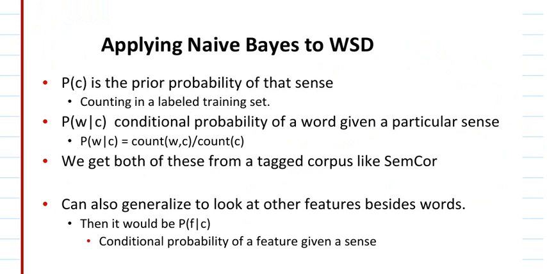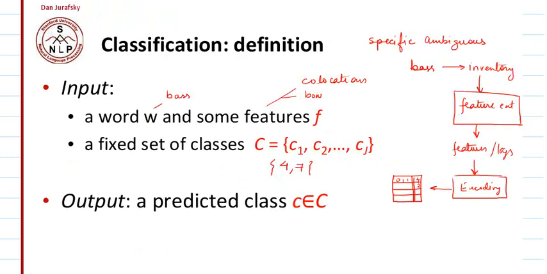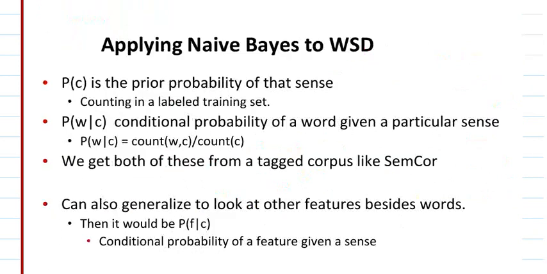In the case of a simple naive Bayes, we saw the word given class, but here we have different collocations and bag of words, etc. We can consider the feature vector given class. So this is the feature vector.